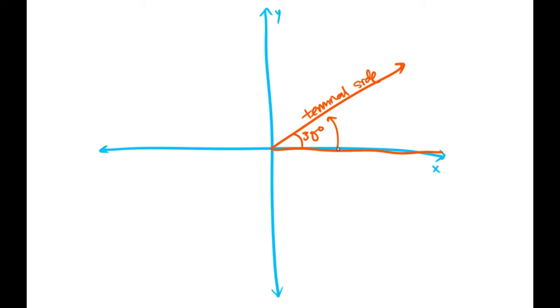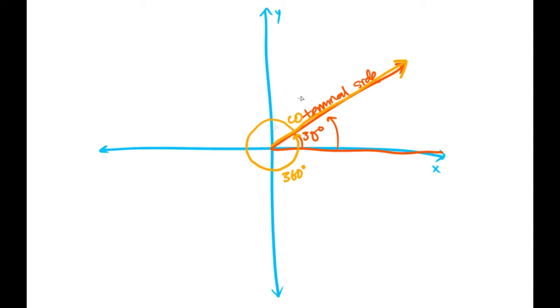So if you want to find a coterminal angle, all you have to do is rotate it 360 degrees from the terminal side. So it would be the same angle. So if I had 30 degrees, I would just add 360 to it like this. See, that's 360 degrees. But you're ending up on the same exact line. So the terminal side is the same. So that's why it's called coterminal.